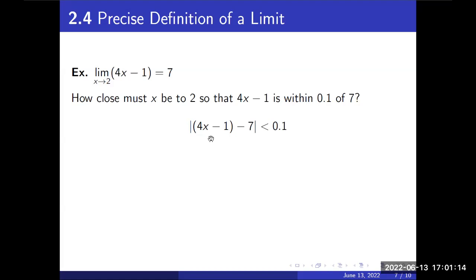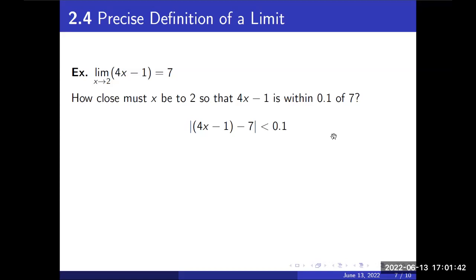We are going to simplify this, and we're going to end up realizing just how close x has to be to 2. And it's pretty cool how this is going to work out. Okay, what are we going to do here? Let's begin just by simplifying what we see inside the absolute values. I know I have these parentheses here, but they're really not actually doing anything.